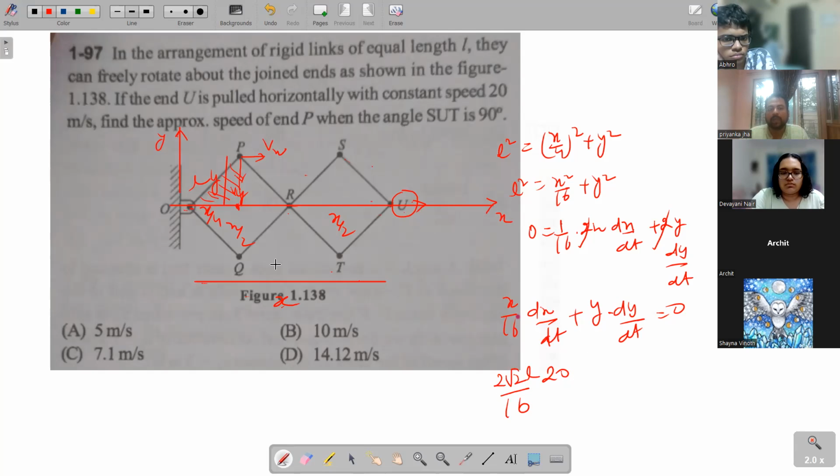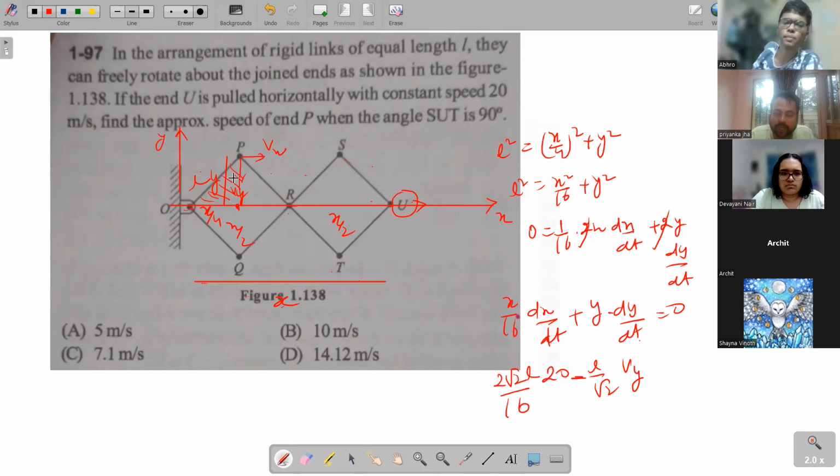Now what is y? When this becomes 90 degrees, y will be half of the diagonal of this square. The length of the diagonal is root 2 L, half of that is L by root 2. And dy by dt is the rate of change of y. So y is decreasing, and this will be the velocity of P along the y-axis.